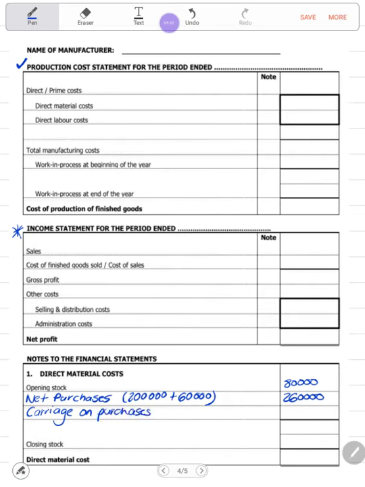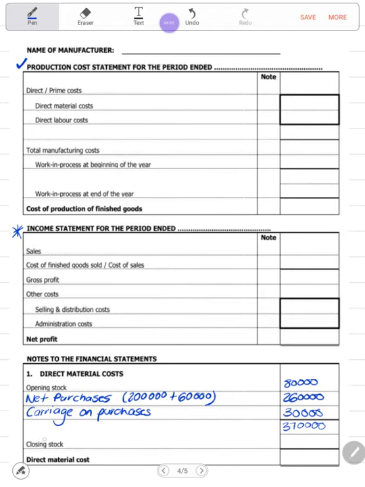They told us that the carriage on purchases amounted to 30,000 Rand. Then you are going to add up these amounts that we just figured out. So 80,000 plus 260,000 plus 30,000 will give me a value of 370,000 Rand.